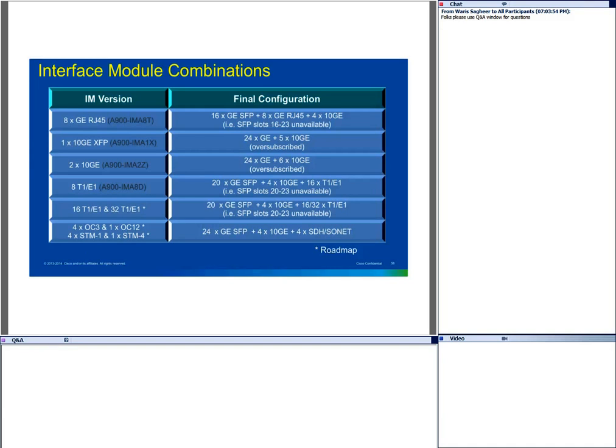If somebody needs copper-based interfaces, you can use an 8 GIGI RJ45. There is 10 GIGI XFP for oversubscription, 2-port 10 GIGI, which is SFP plus based. The 1-port 10 GIGI is the only WAN-based XFP that we support on 920. And then the TDM, we support 8 T1E1, 16 T1E1, 32 T1E1 is also coming up, and 4-port OC3 and OC12 are also coming up shortly.